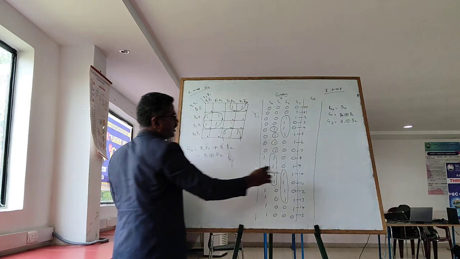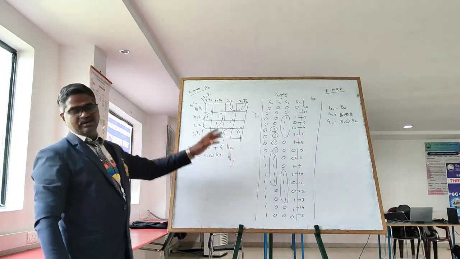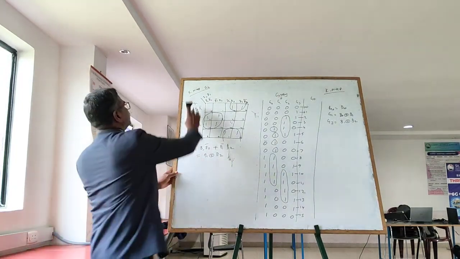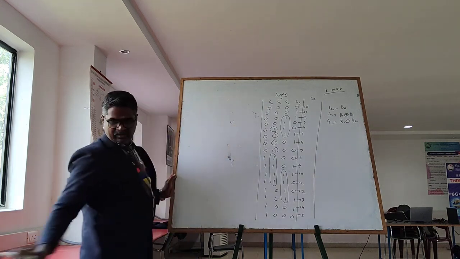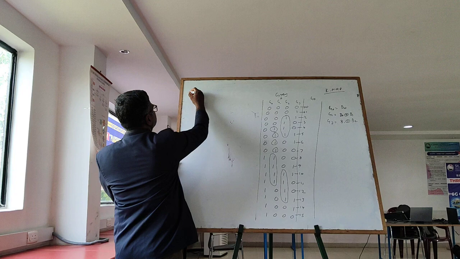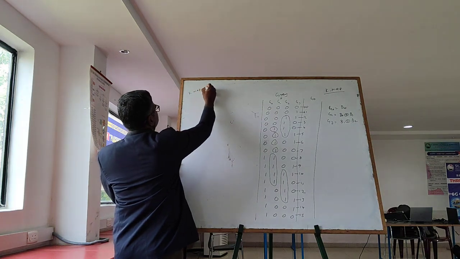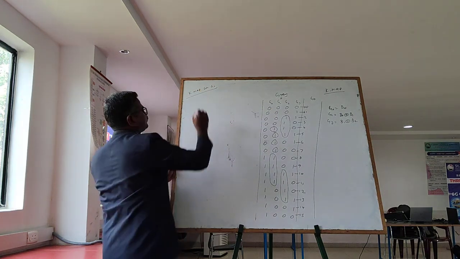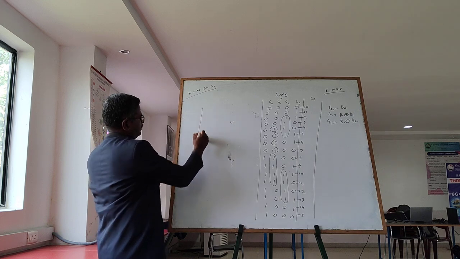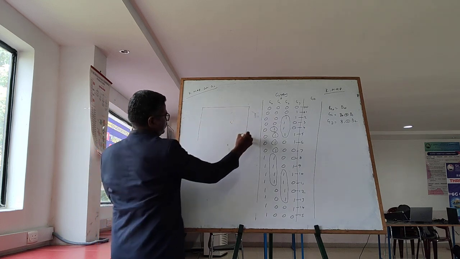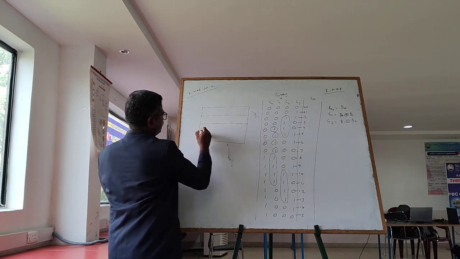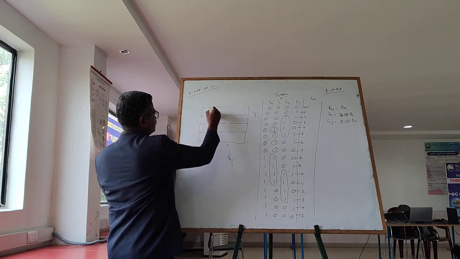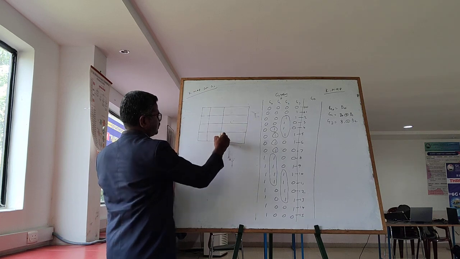Now G3. I have to find what is the expression for G3. So again, the truth table for G3, four variables. While writing the numbers, be very careful. If you misplace the number, the output expression will be changed.